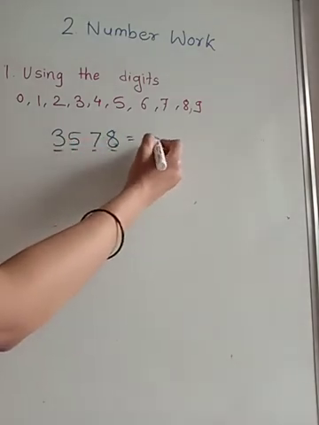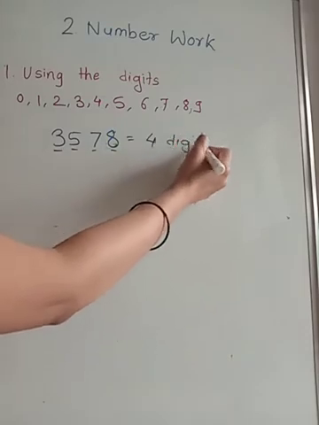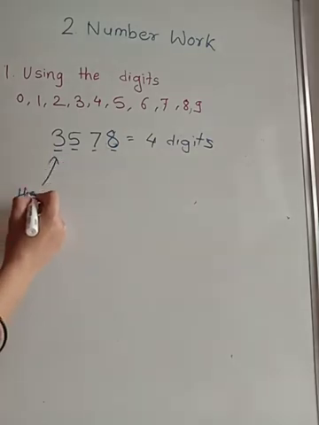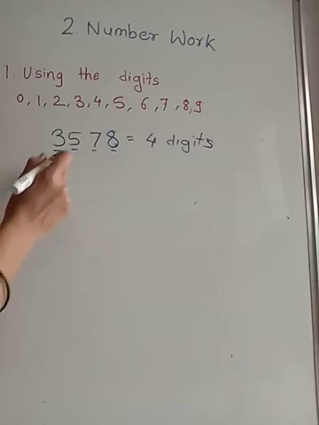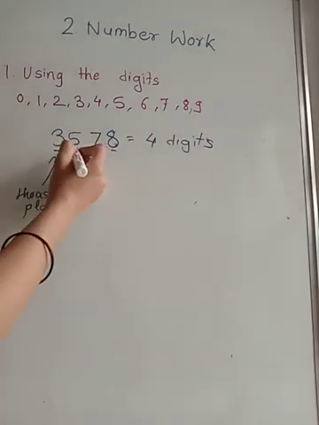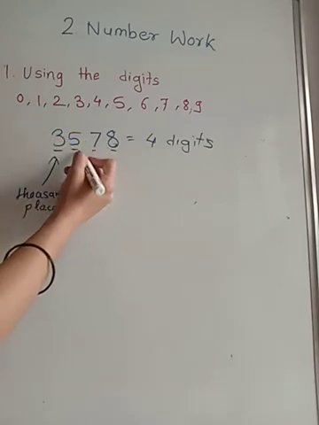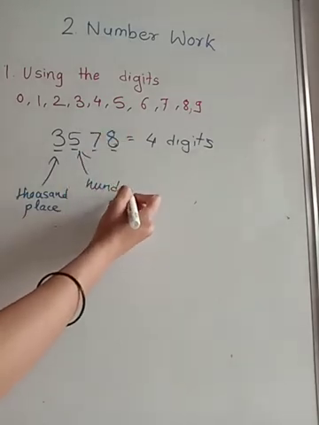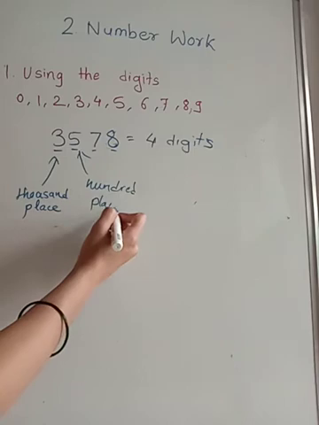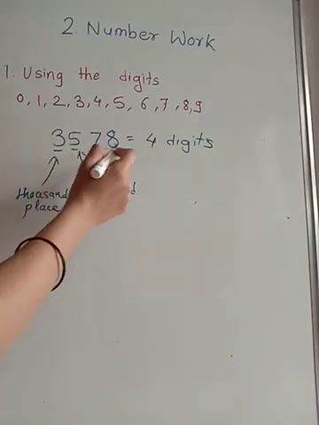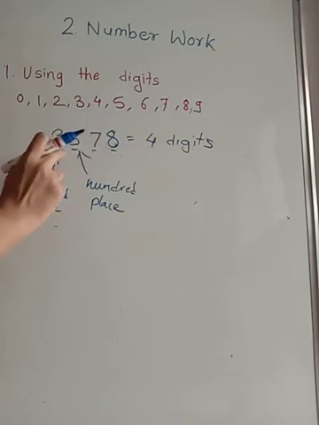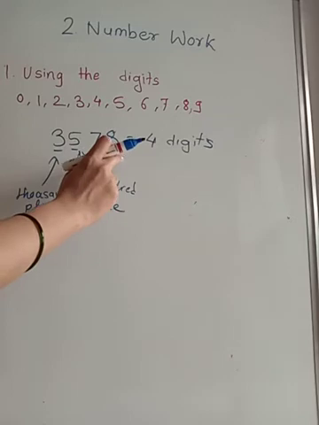We can read it like this. This is in the thousands place. This is 3000, and it is the hundreds place, tens place and ones place. So the number we can read is 3578.